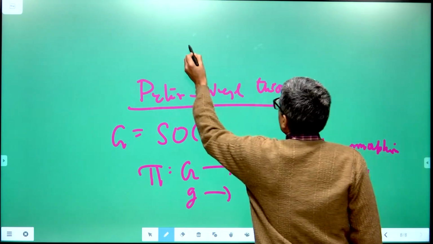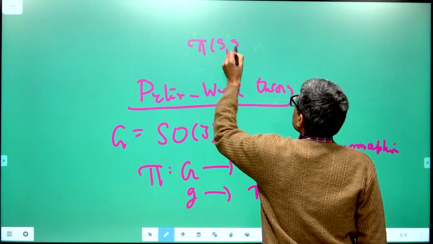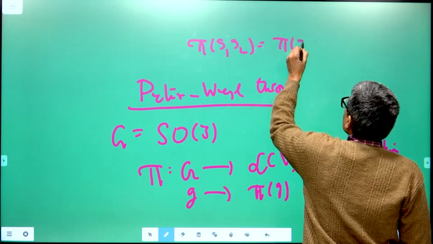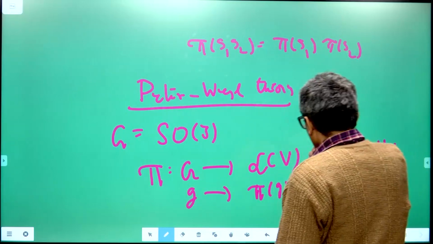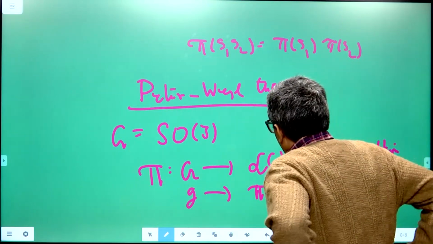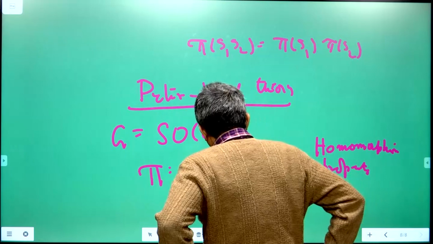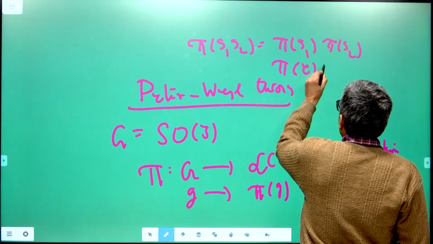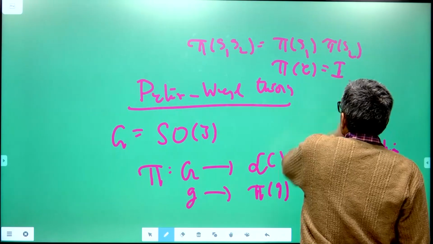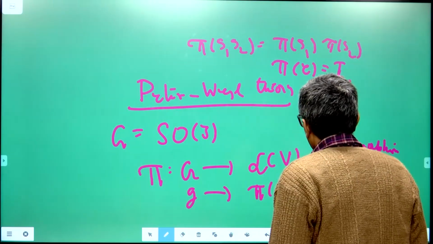That means pi of g1 g2 should be pi of g1 pi of g2, and of course, since they are all non-singular, this will imply that pi of the identity element of the group is simply the identity matrix.